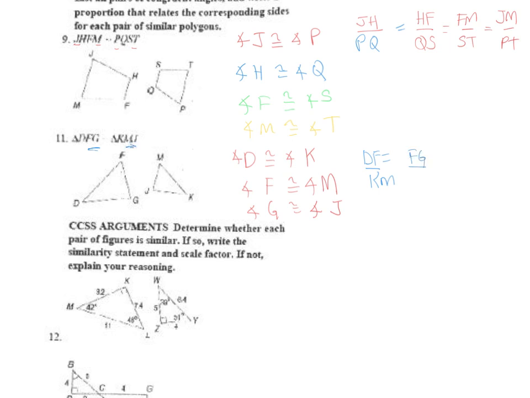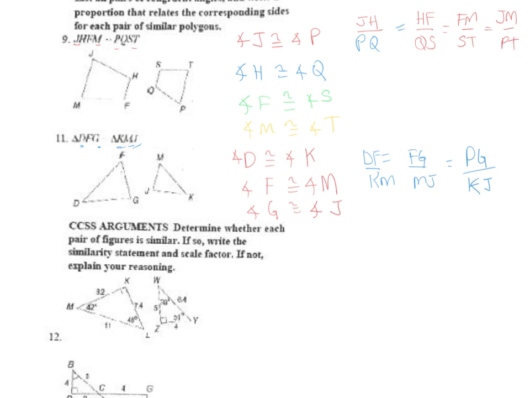That is going to be MJ. And then next is that one that's the first and the last. So DG. And that is going to be to the first and the last, which is KJ.